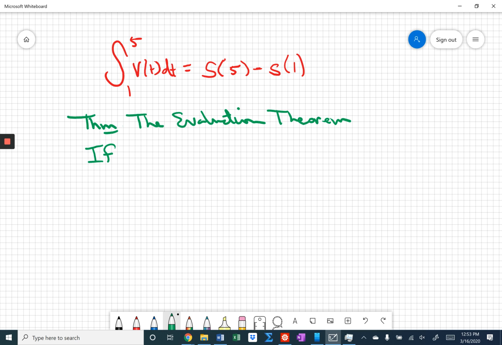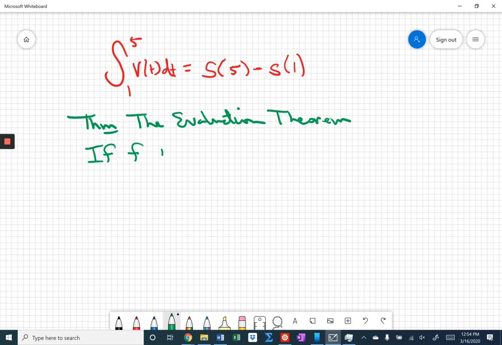But the geometry is still helpful, so you're still going to want that as a tool in your toolkit. Okay, something that is useful in many situations, because sometimes the process that I'm going to describe right now in the evaluation theorem is much more complicated than doing the geometry.